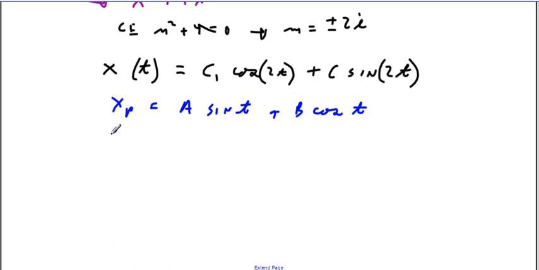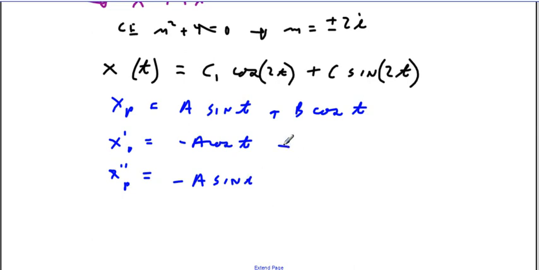So I'm going to have to find a particular solution. x prime of p, x double prime of p is minus a cosine, minus a sine, that's better, minus a minus b sine, minus b cosine.